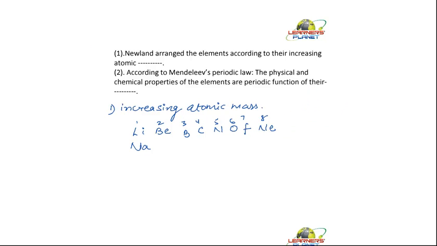According to Mendeleev, the physical and the chemical properties are a periodic function of their atomic masses. So he took two criteria, one is the chemical property as well as the atomic masses. So he arranged the elements according to their increasing atomic masses, right?